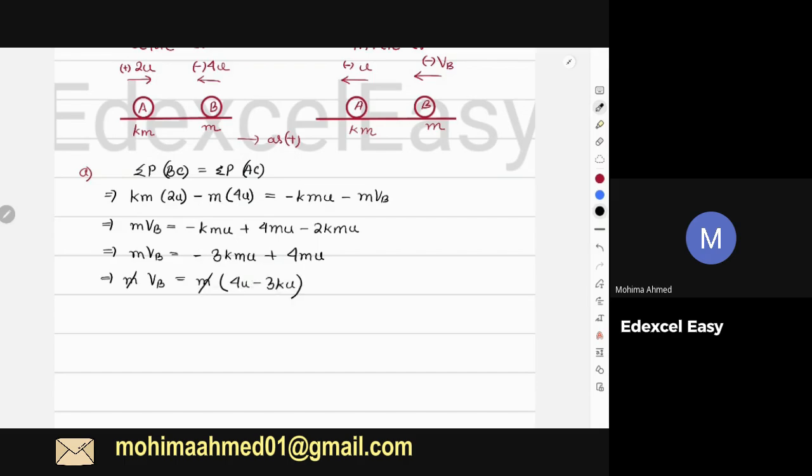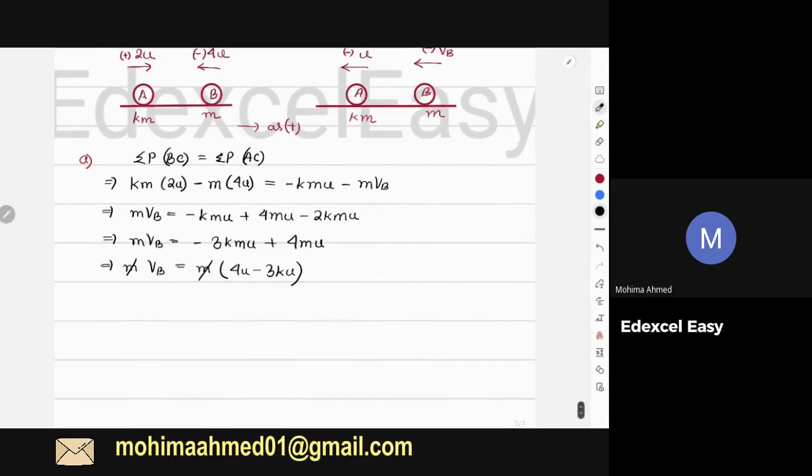So the masses get cancelled out, and you get the final velocity of particle B as 4u minus 3ku. This is the only thing that you get.